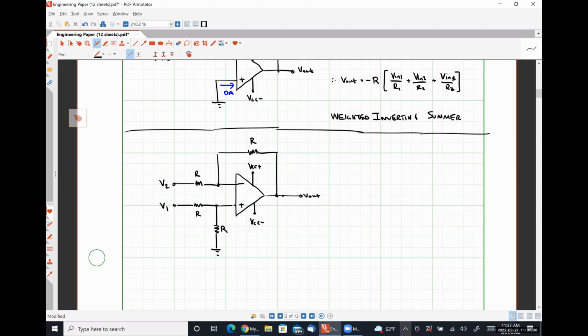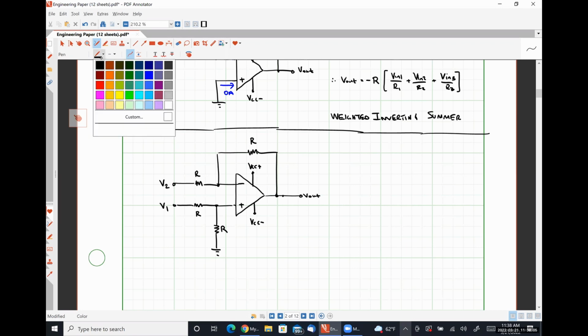The input voltage V2 is applied through that resistor at the input of an inverting amplifier. V1 applies a voltage through this resistor network that is going to see effectively a non-inverting amplifier. Okay. We have two different ways that we can analyze this. One is using superposition. The other is a direct approach. Which way do you guys prefer? The direct approach. Okay.